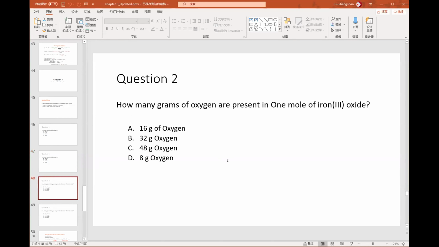From that, you will know how many moles of oxygen are in this 1 mole of iron oxide. Then you can convert the moles to grams, and you should choose C, which is 48 grams of oxygen.